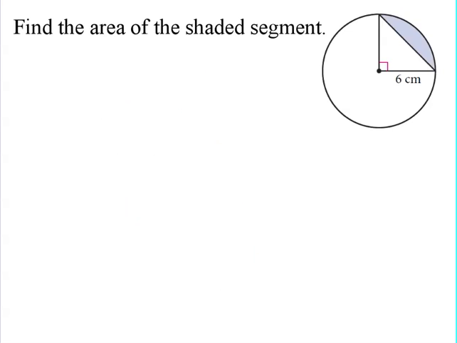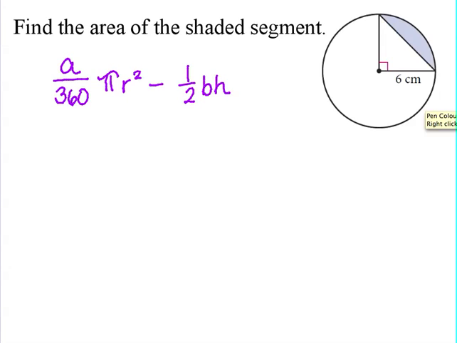All right, so let's look at another one. Find the area of the shaded segment. Ooh. Okay, what was the area formula? It was A over 360 times pi r squared, because this is the area of the sector, minus the area of the triangle, 1/2 BH. Okay. What's the angle I'm going to use? 90.